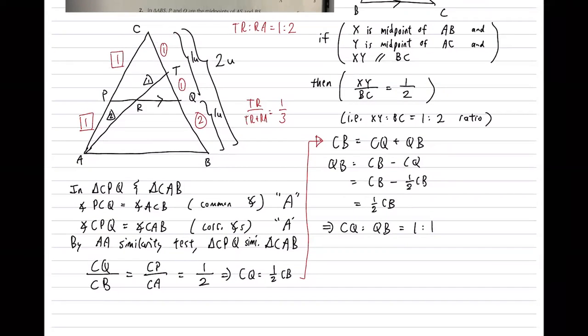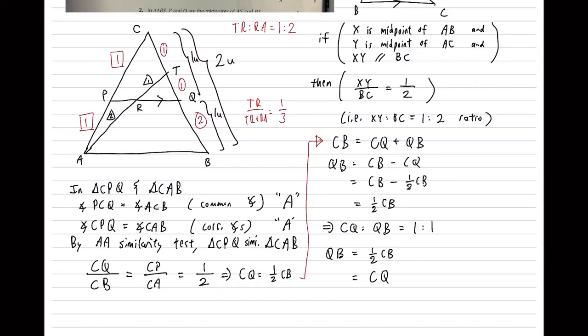How should I prove that? Maybe I can phrase it this way. QB is equal to half of CB, right? But half of CB is really just the same as CQ, since we have it over here.